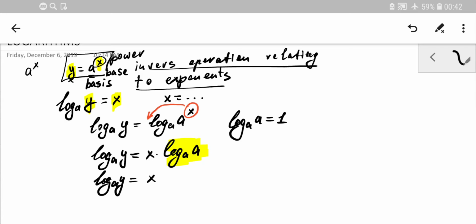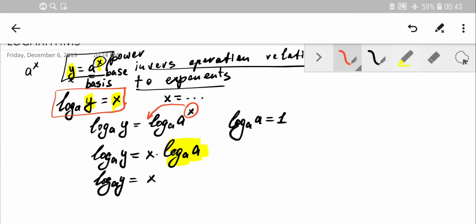Okay, but I'm pretty sure that is still probably a weird concept for you. So for this reason, I strongly recommend understanding it vice versa. You just use the definition of what log is. You're saying that log with the base a of some number y, or of some variable y, equals x.